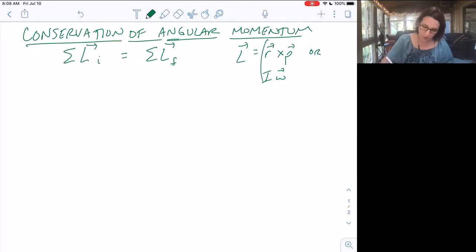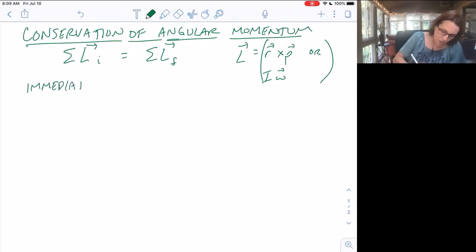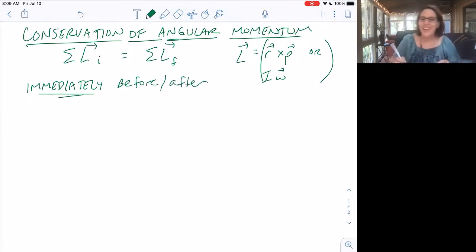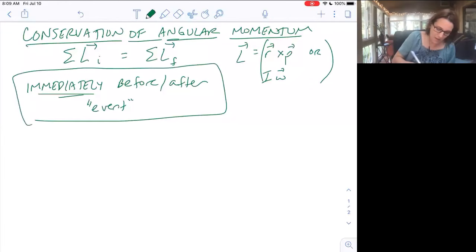So whichever one you find most convenient. And importantly, in terms of problem solving, this applies immediately before or after. And in this case, it's not always a collision. I'm just going to say some sort of event. So before or after some sort of event. And that's going to be, again, very key in problem solving.